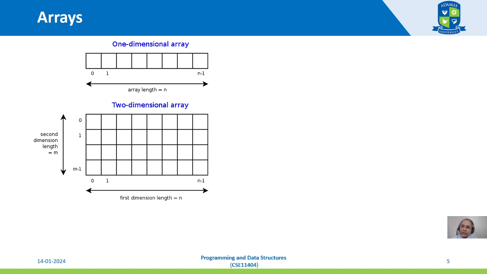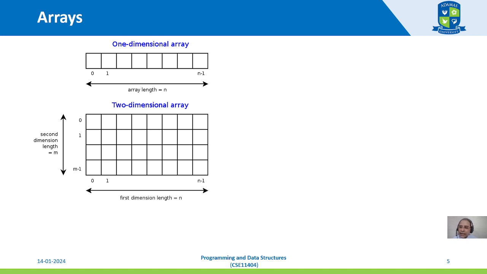and this particular array name always points to the first position of the array. That means, suppose in case of the first picture, if the array name is ARR, this particular name will point to the first position, that is the 0th position.